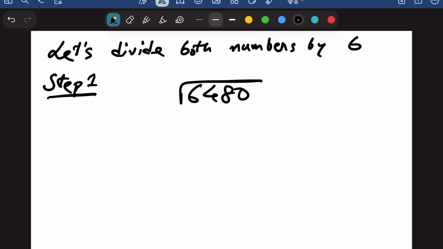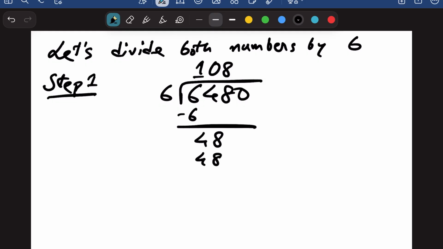So if we do that, let's start with 6480. If I divide that by 6, I get 6 times 1 is 6, and then the 4 comes down. 6 goes in 4 0 times, so then I bring 8 down. So 6 times 8 is 48, and then I have 0, so 6 times 0 is 0. Okay?